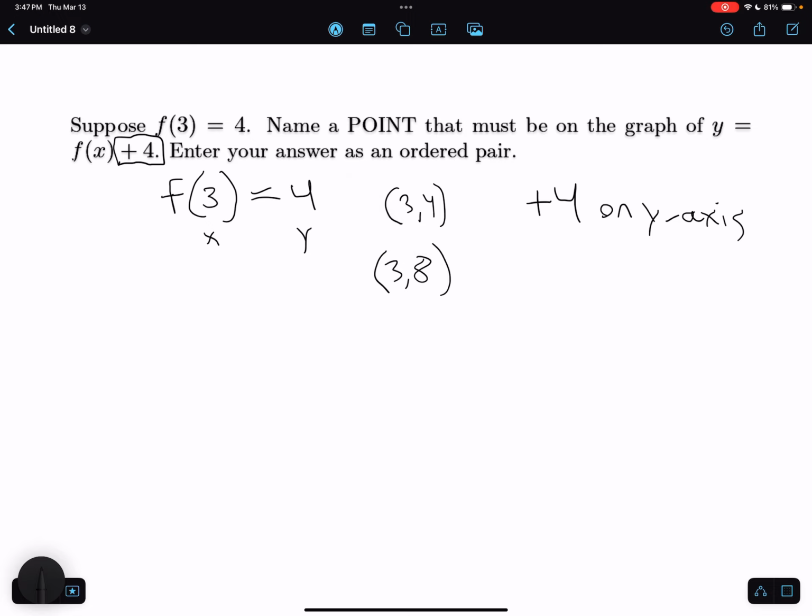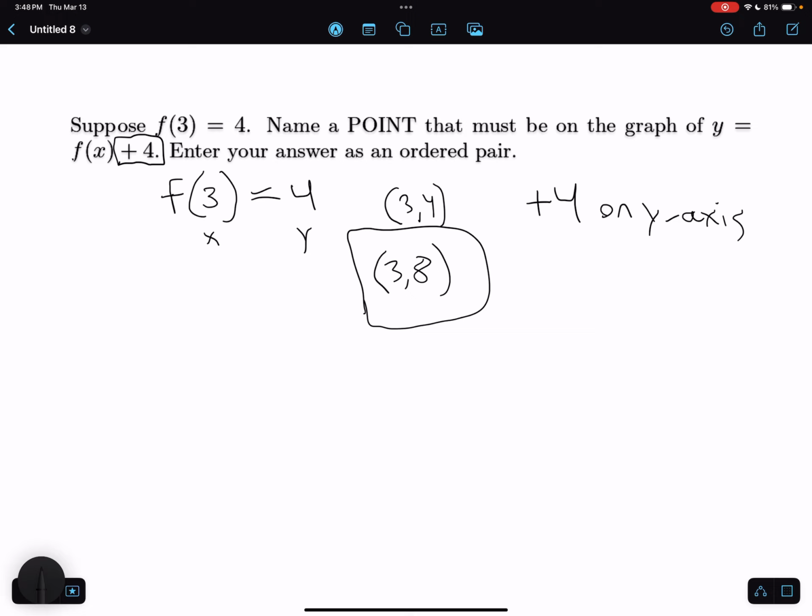So that is one point on the graph of y equals f of x plus 4, and we found that via the function transformation principles, because we have a plus 4 here. That means we're going up 4 on the y-axis, further upwards. So (3, 4) is going to become (3, 8), just like (0, 2) would become (0, 6).